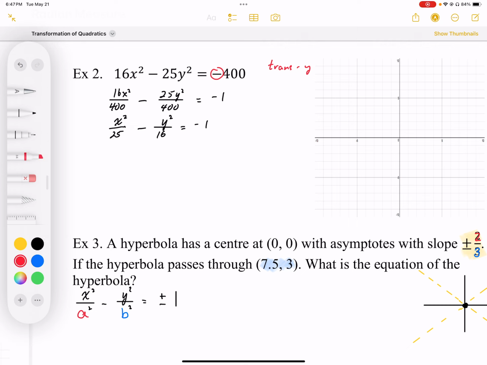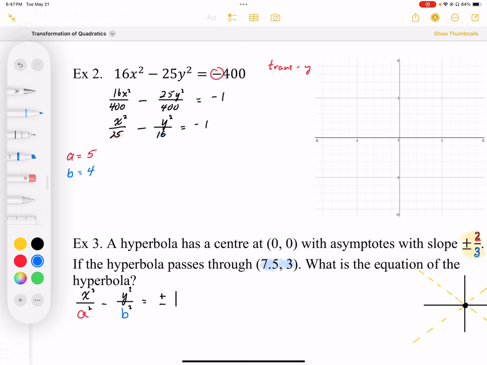So our a squared is 25, our b squared is 16. So we can work out our value for a. a is equal to 5, and b is equal to 4. That's going to give us our x and y vertices.